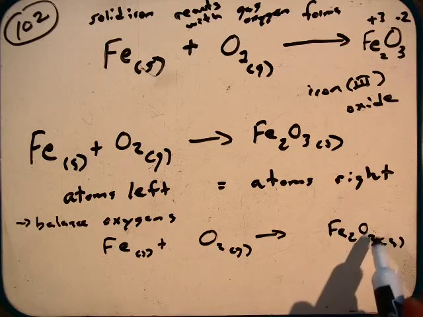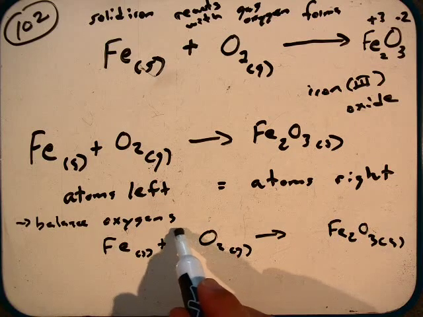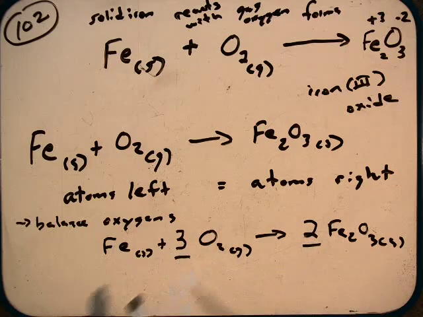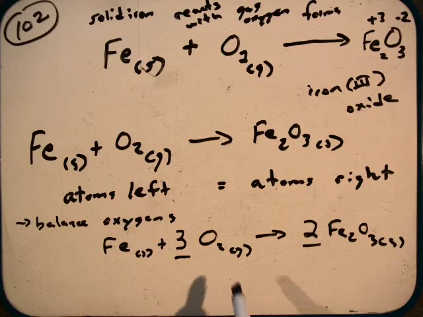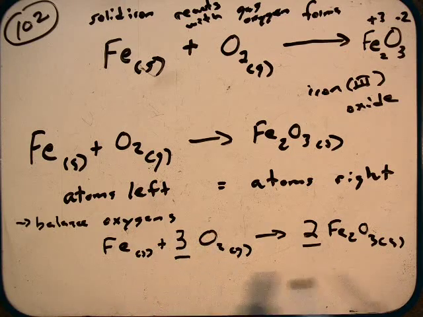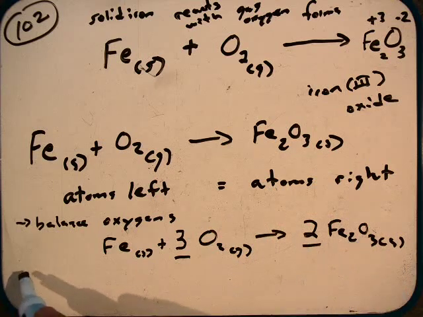I have to balance my 3 oxygens on the right with my 2 oxygens on the left, and the best way to do that is to add a 3 and a 2 to the chemical equation. A 3 in front of the gaseous oxygen, a 2 in front of the iron 3 oxide. And so now my oxygens are balanced out. I have a total of 6 oxygens on the left. I also have a total of 6 oxygens on the right.